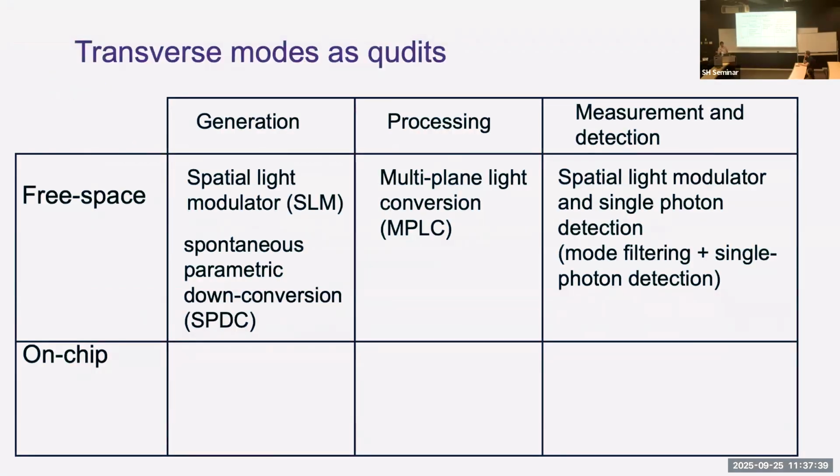So you would know by now my favorite qudit is the transverse modes, because in free space it's really very convenient. You generate high dimensional entanglement in SPDC. You have a very nice device called an SLM that can do your processing for the gates and the measurements as well. On chip, it's not as straightforward.